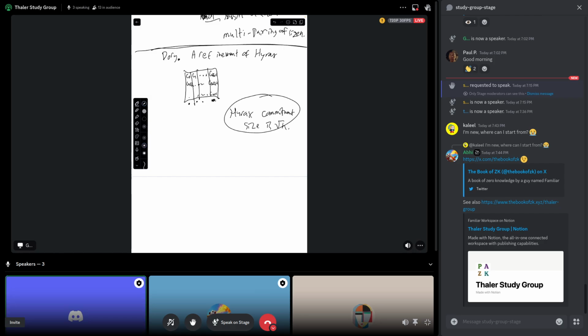So Dory says, well, look, the Hyrax commitment is big, it's size root n. These are group elements. Rather than actually sending all those group elements to the verifier, why don't I just send a commitment to them? AFGHO commitments give you the ability to do that.